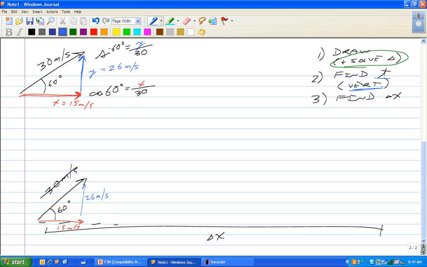Can anybody think of one? Yeah. Delta y equals the initial velocity in the y direction times time plus 1/2 the acceleration in the y direction times time squared.